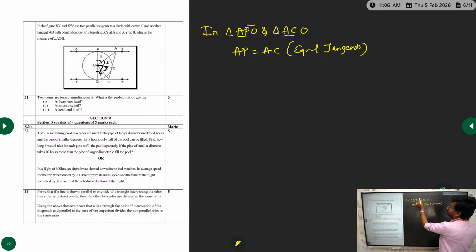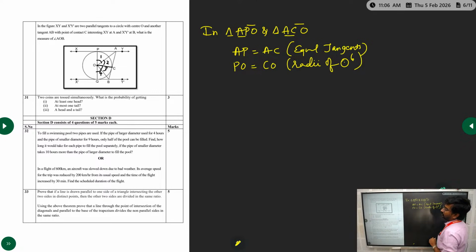Then check what PO and CO are. Radius of the circle. PO is equal to CO, radii of the circle. Then next, AO. What is AO? Common side. AO is equal to AO, common side.